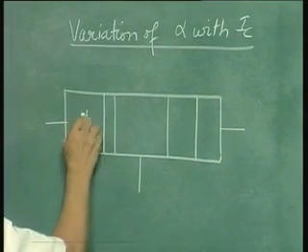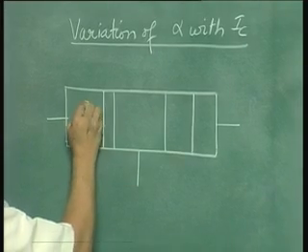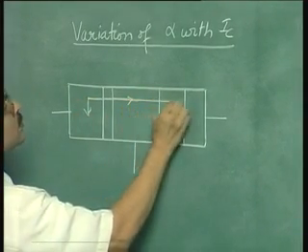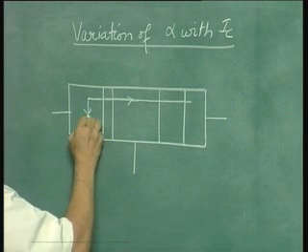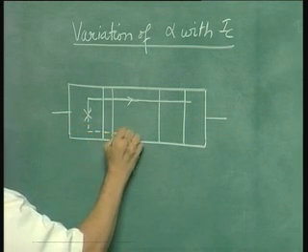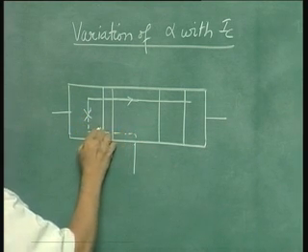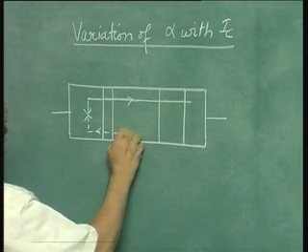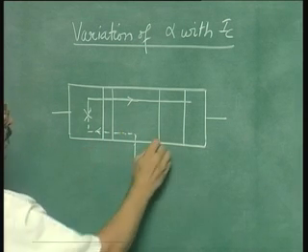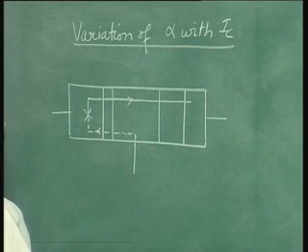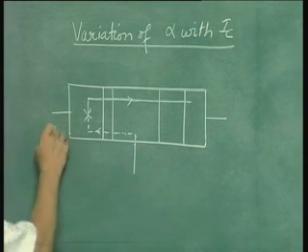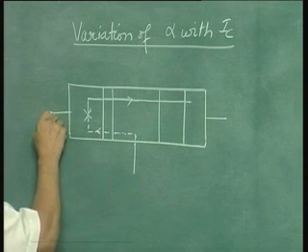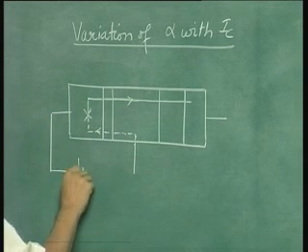Let us show the currents. Now we will assume that the collector base voltage is 0 for simplicity, because to explain the variation of alpha with IC we do not need the collector base voltage. So this is the picture.